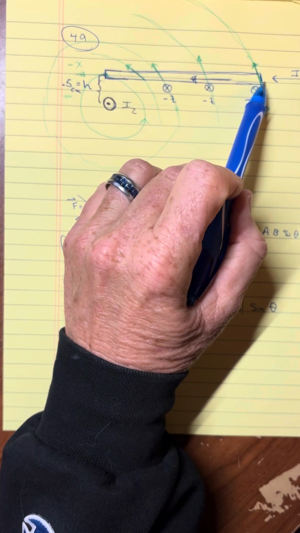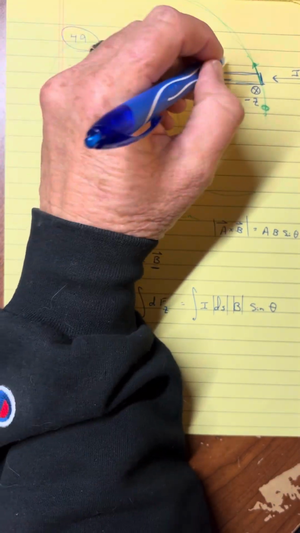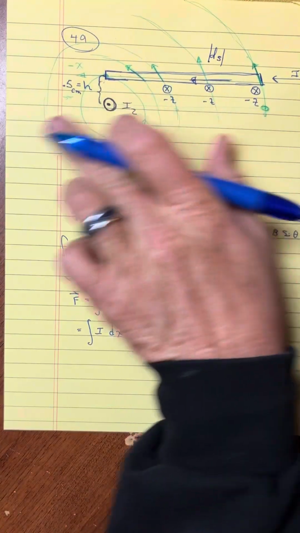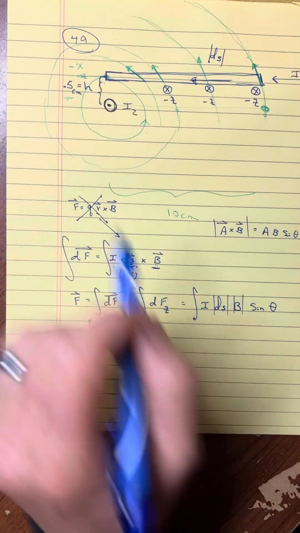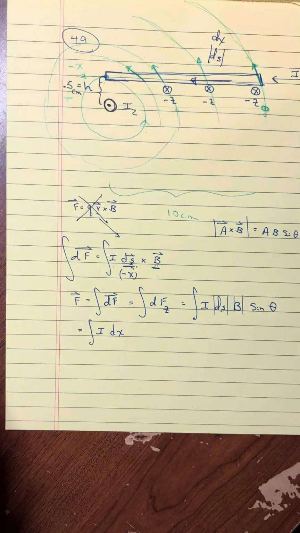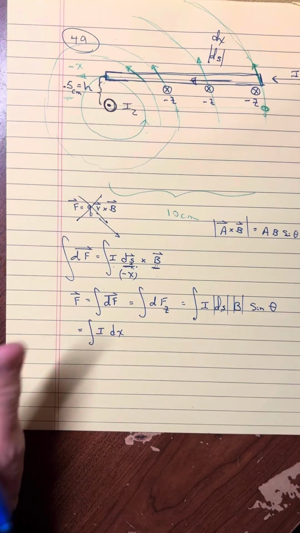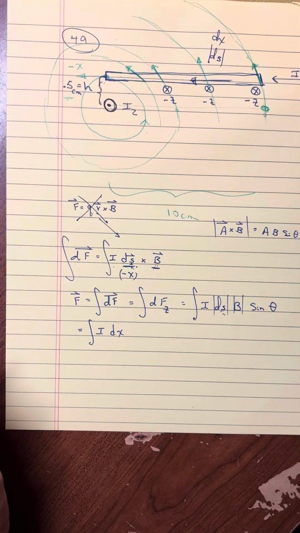And I think that's best, because then my little bit of current, although it points in the negative x direction, I want its magnitude, and so that's just a dx. There is no negative to worry about when I do that cross product.